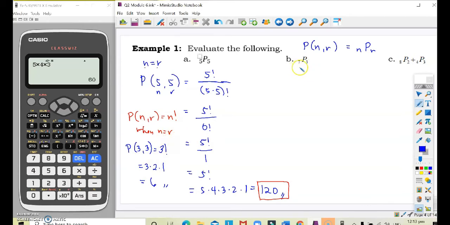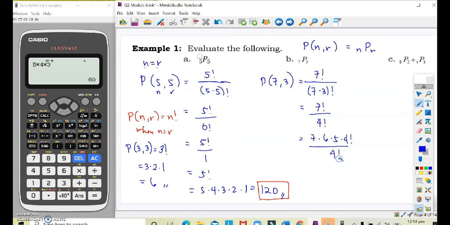Now, this will only be the case if N is equal to R. But how about letter B? In letter B, we follow the formula. The permutation of 7 objects taken 3 at a time is equal to N factorial, which is 7 factorial over the quantity 7 minus 3 factorial. That leaves us 7 factorial over 4 factorial. We can simplify that as 7 times 6 times 5 times 4 factorial over 4 factorial.